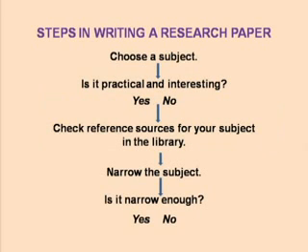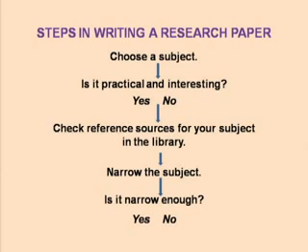I continue to explain steps of writing a research paper. Then, I will give you a general idea of some of the stages you must go through in producing a research paper. The following flowchart will give you a more detailed picture. First, choose a subject.